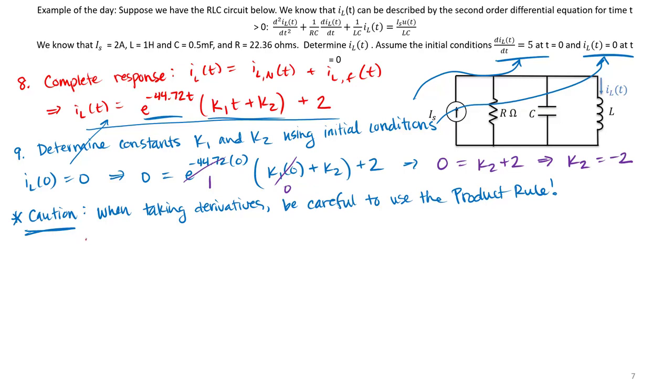So if we have, for example, the derivative of f of t times g of t, remember by product rule, we have to take the sum of the derivative of the first function times the second plus the derivative of the second function times the first function. So be careful here. Make sure that you remember to use product rule when taking this derivative.